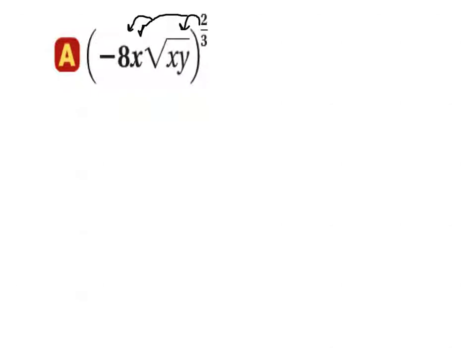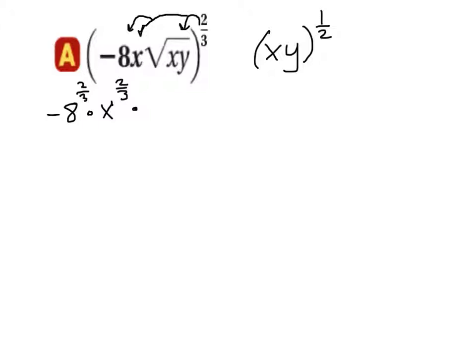So I really have negative 8 to the 2/3 times x to the 2/3 power times xy. Remember, this xy should really be to the 1/2 power, because it's a square root, so I need to change the root to a fractional exponent.